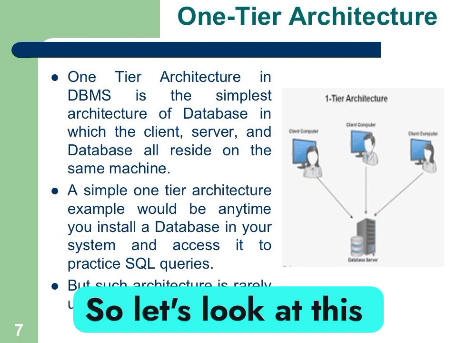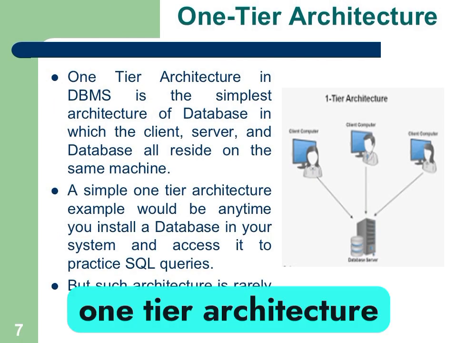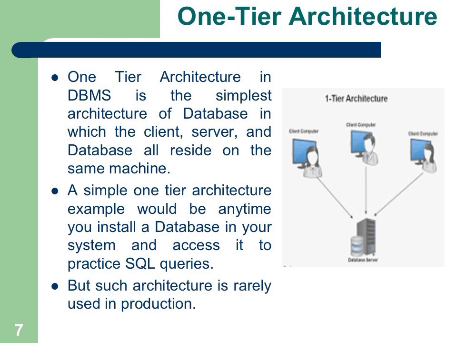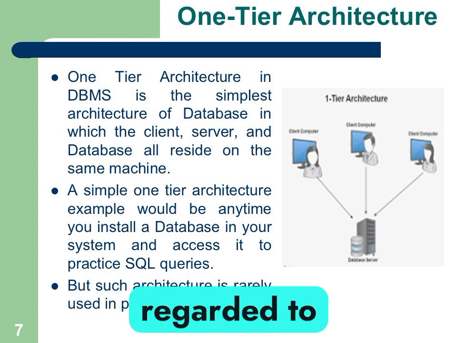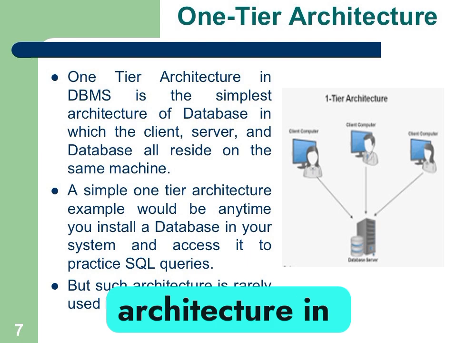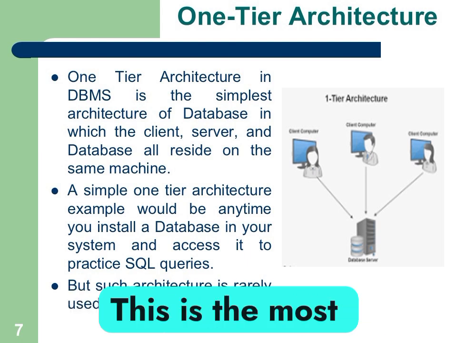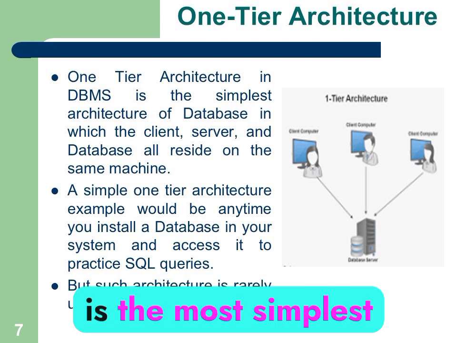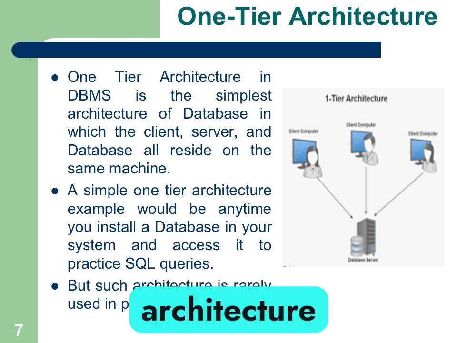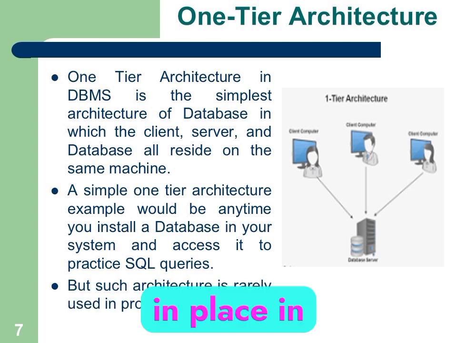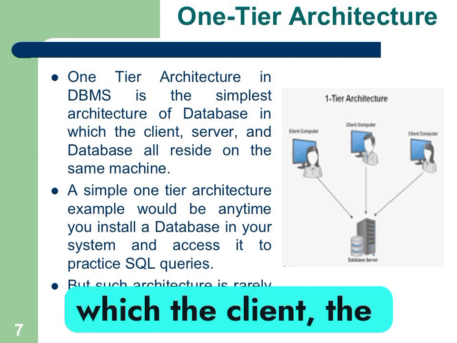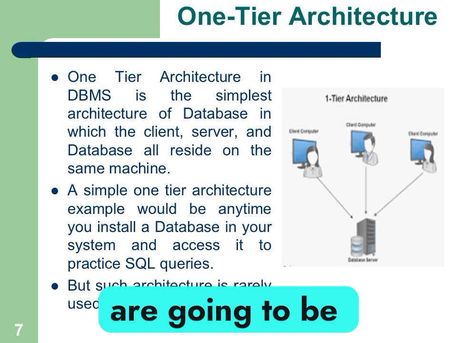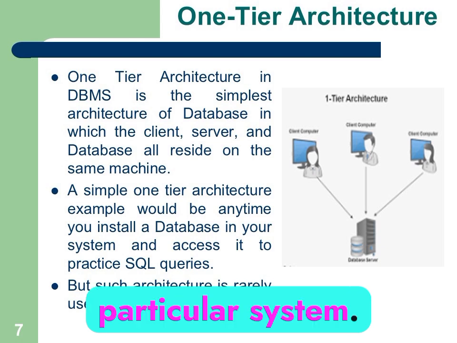So let's look at the one tier architecture. Sorry, it is regarded as a single tier architecture in database management systems. This is the simplest type of database architecture we have in place, in which the client, the server, and the database all reside on a particular system.